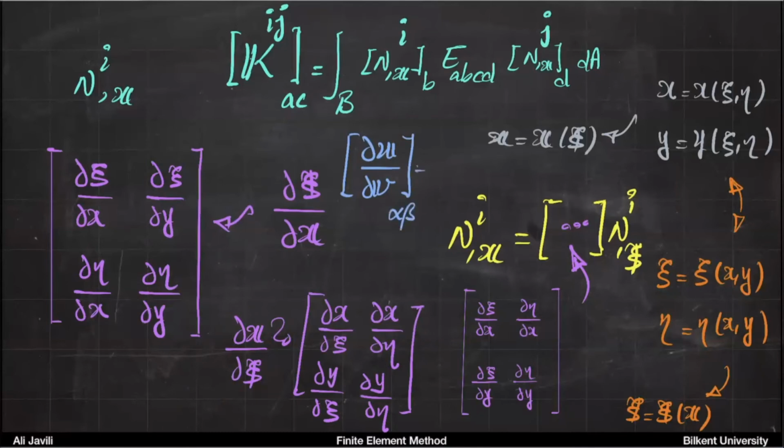If it has a component alpha beta, it's derivative of u alpha with respect to v beta. Okay, this is kind of the way that we define a gradient and so on.